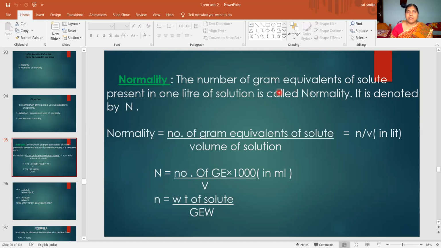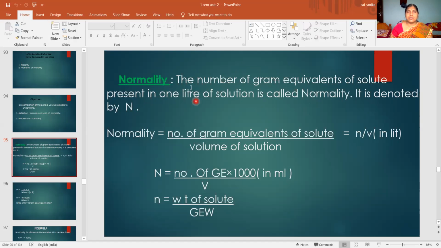The number of gram equivalents, this is very, very important. For molarity, number of moles. For normality, number of gram equivalents of what? Solute present in 1 liter of solution is called normality, and it is denoted by letter N.